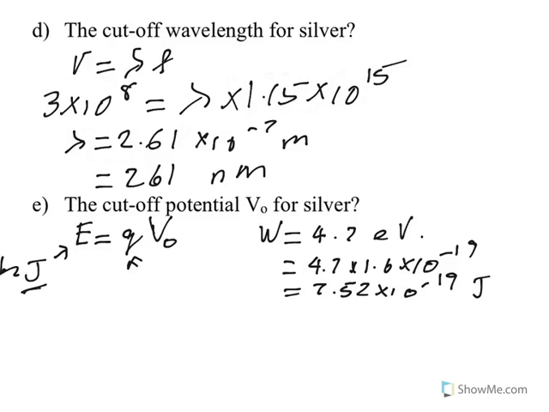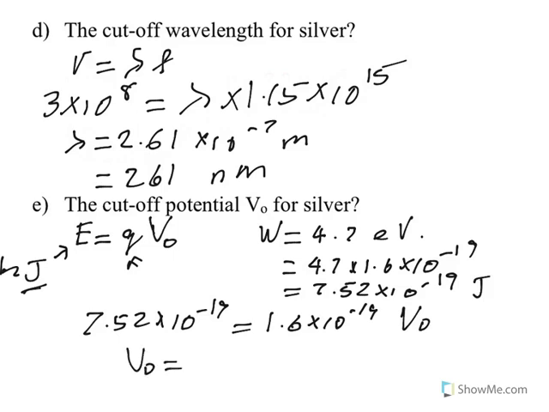And so when we make that energy, 7.52 by 10 to the minus 19 equal to the charge on an electron, 1.6 by 10 to the minus 19 times V naught, and then divide both sides by 1.6 by 10 to the minus 19, you get 4.7 volts.